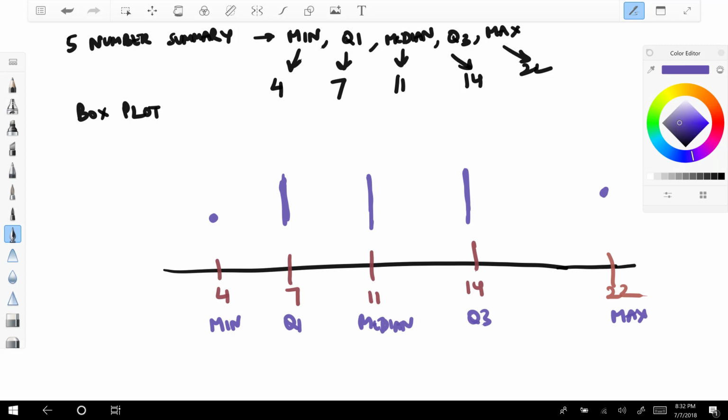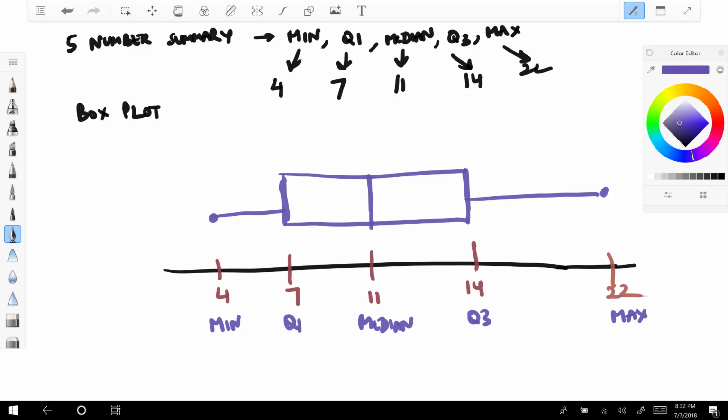So we can join these, and then this line and this line.